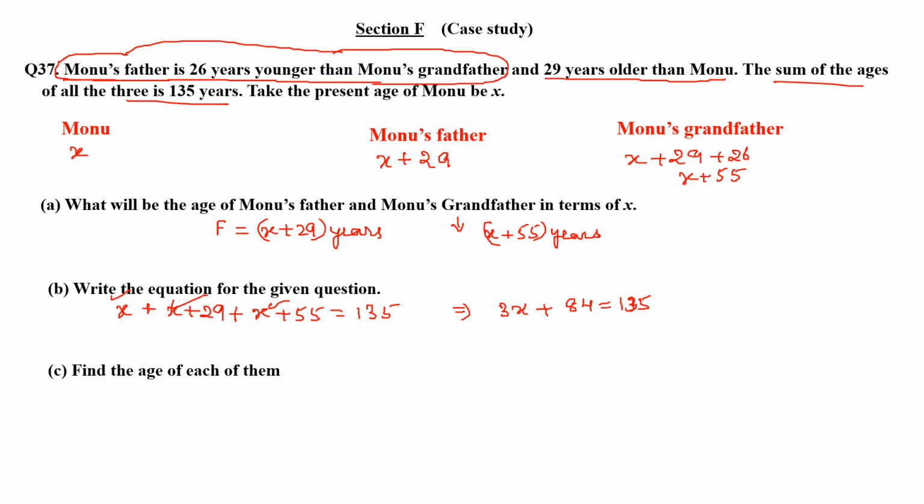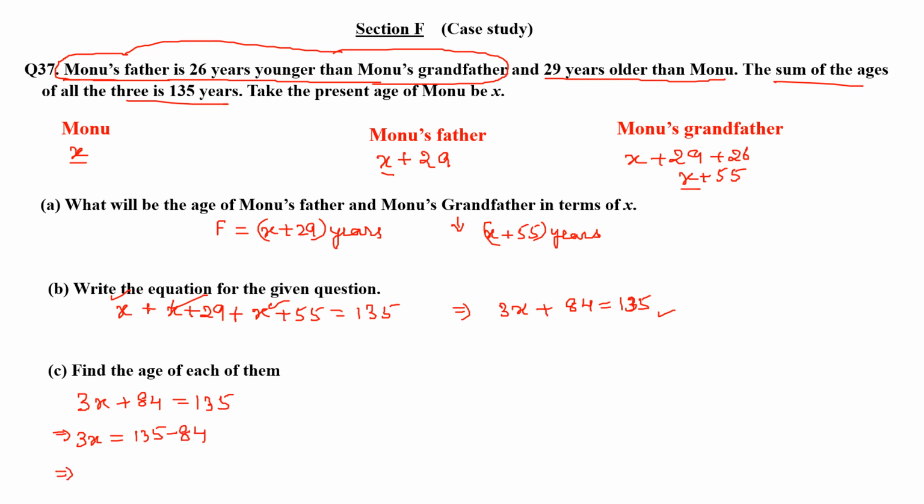Now next is find the age of each of them. Now to find the age of each person, we have a variable x, isn't it? So we have to find the value of x. Now how to find the value of x? From that equation, which is 3x plus 84 equal to 135. So 3x will be 135 minus 84. Transpose 84 to the other side.